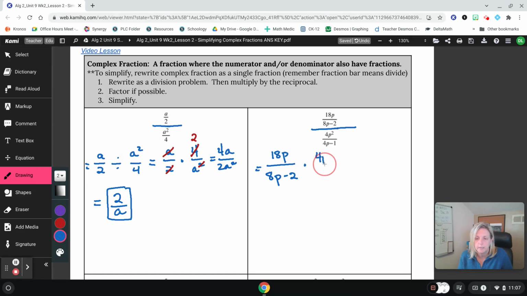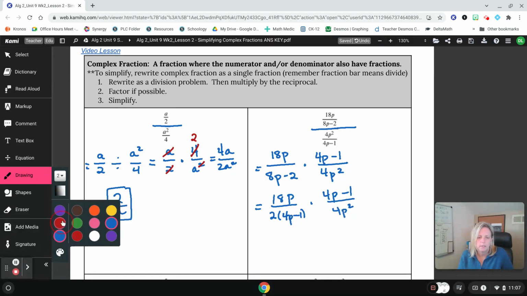So we're going to put 4p minus 1 in the numerator and 4p squared in the denominator. Okay, we need to factor those two so that we can cancel, because 8p minus 2 will not factor with anything else. And so we'll factor out a 2, and we'll get 4p minus 1 over 4p minus 1 over 4p squared. Okay, now we can start canceling.